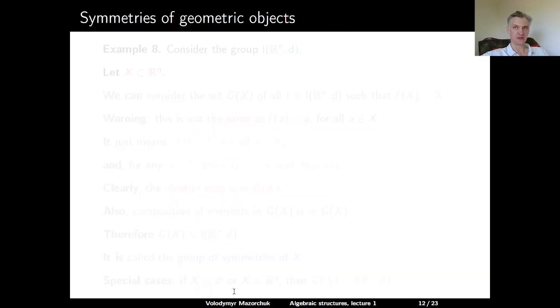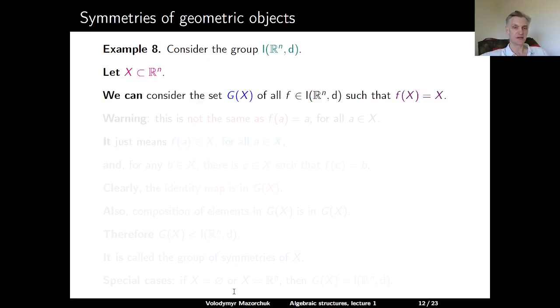Now we can use this example of a group of all isometries to define the so-called symmetries of geometric objects. Example 8. Consider the group of all isometries of the metric space R to the power n with respect to this Euclidean distance. Let X be some subset in R to the power n.